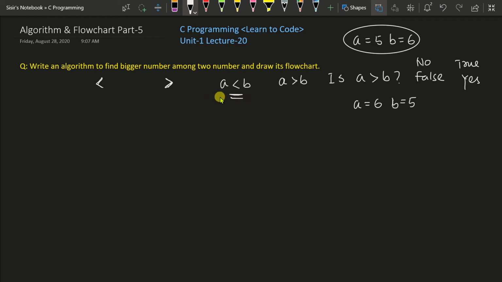Think that there is a comparator present inside the arithmetic logic unit of your computer, which will compare two values whenever you supply them. So first of all we need to supply two numbers.